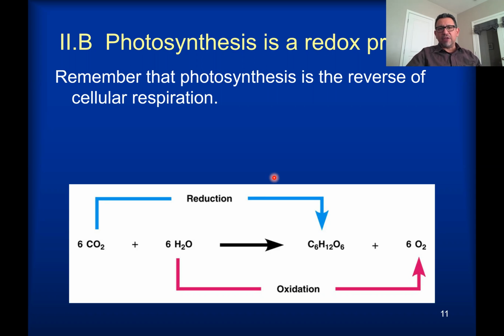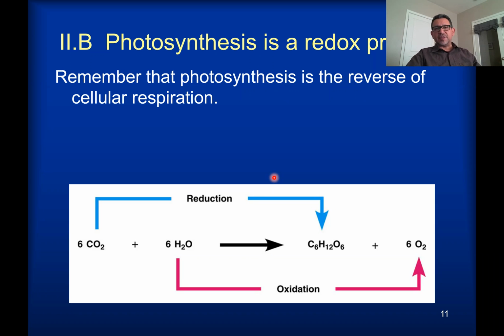For example, if we look at free energy during the entire process, photosynthesis requires an energy input. Therefore, photosynthesis is a set of overall endergonic reactions, whereas cellular respiration overall ends up releasing free energy, and that is an exergonic kind of reaction.